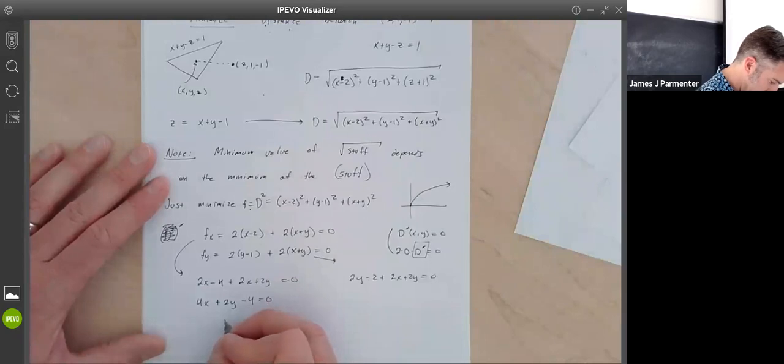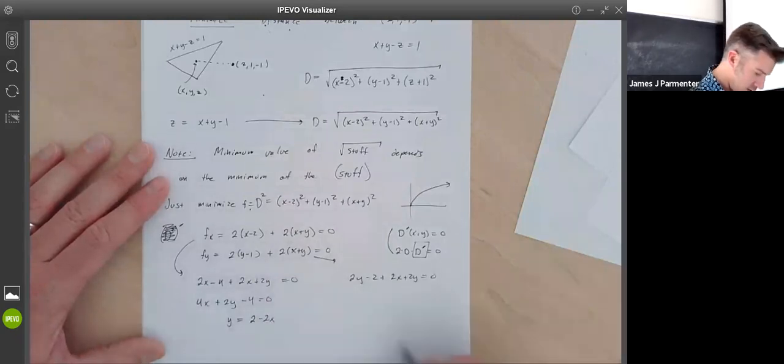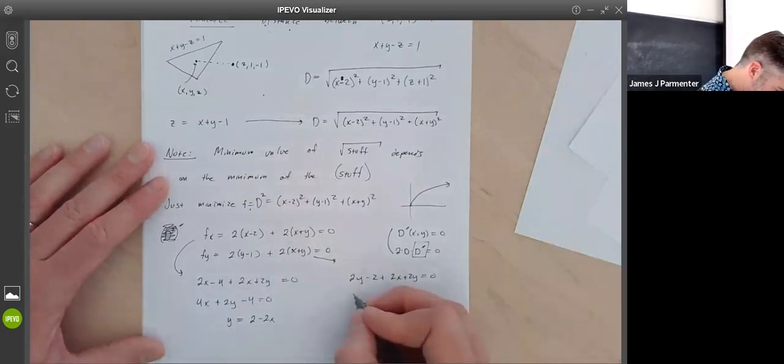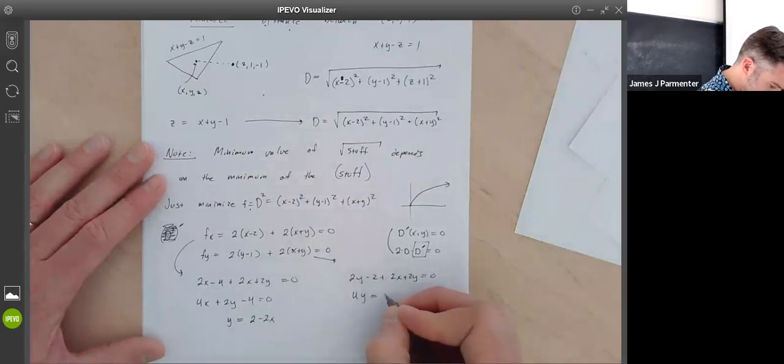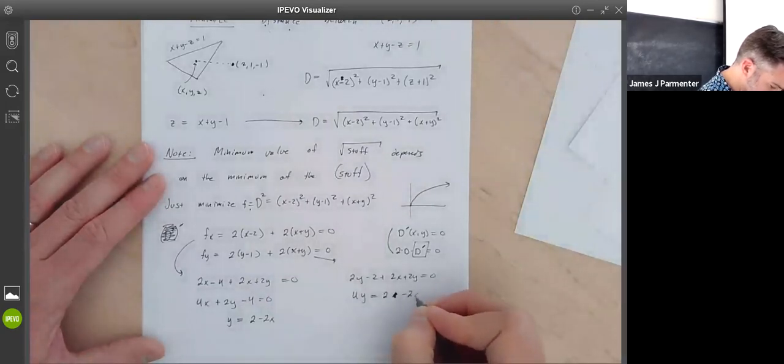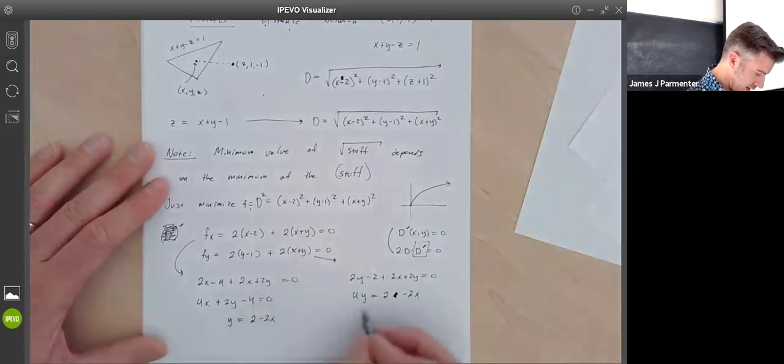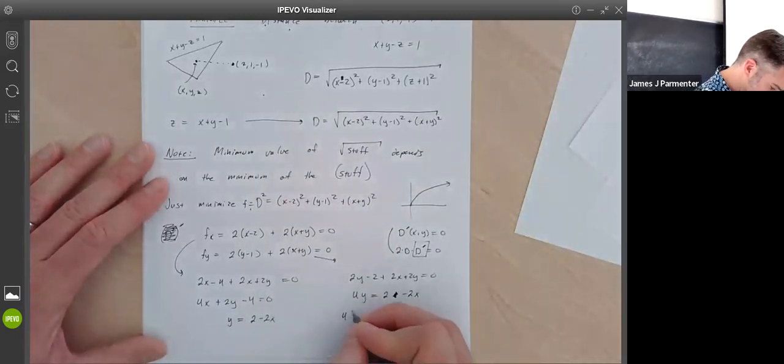Solving for y, we've got y equal to 2 minus 2x. Over here, let's solve for y also. I've got 4y equal to 2 minus 2x.